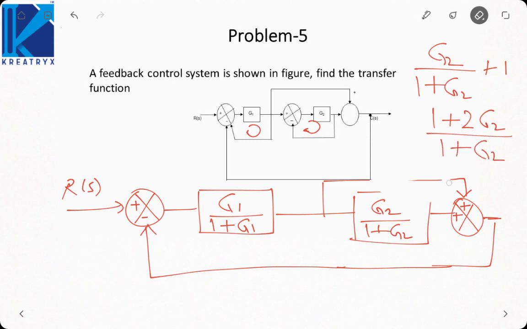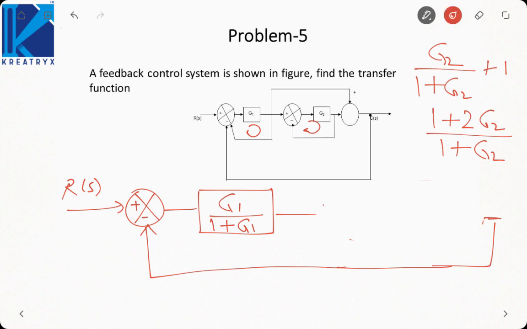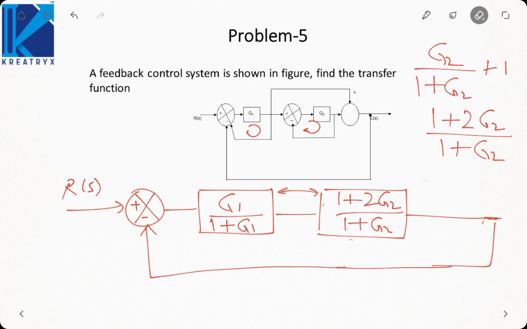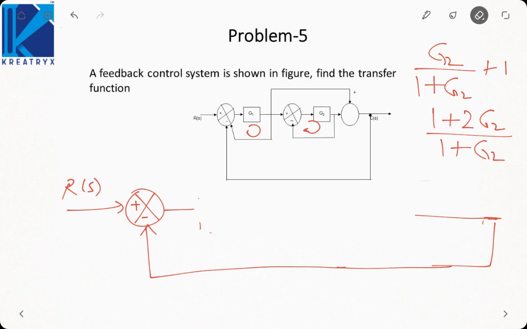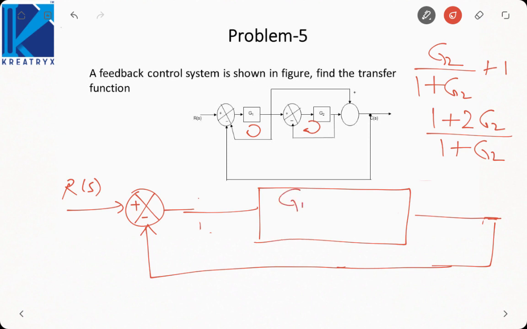That means I can remove this entire path and replace it by a single transfer function, that is 1 plus 2G2 over 1 plus G2. Now these both systems are in cascade. Whenever two systems are in cascade, their transfer functions are multiplied. So I can replace this by a single block, that is G1 into (1 plus 2G2) over (1 plus G1) into (1 plus G2).